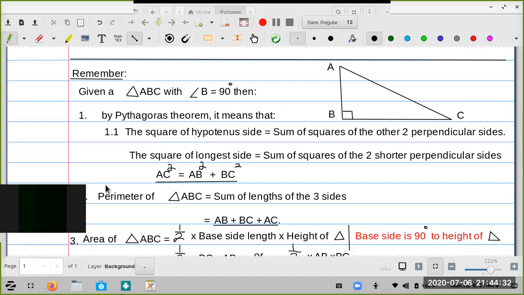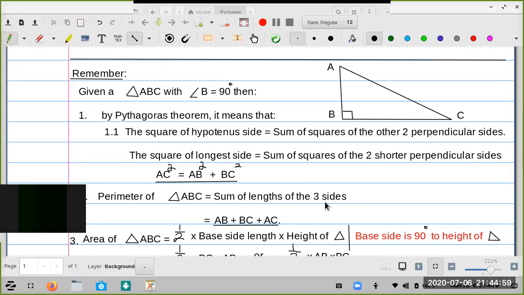Then number 2, perimeter. Perimeter of a triangle ABC, right? Whenever we are to calculate perimeter, remember perimeter is just the distance right round the shape. So the distance right round a triangle means we are looking at what? 3 sides, right? Each side has its own length. So we are just saying it is the sum of the lengths of the 3 sides.